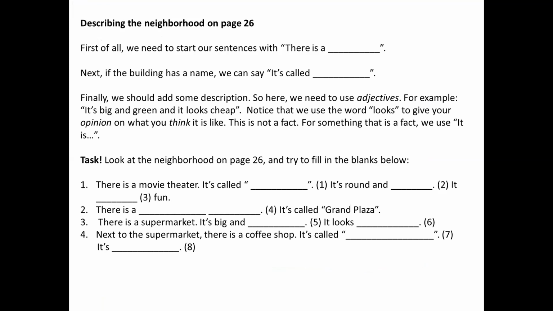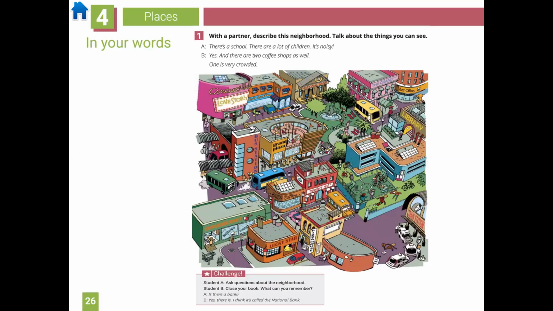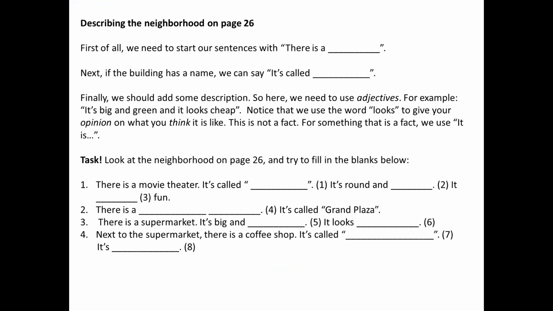So describing the neighborhood on page 26. That's page 26 here. So take a look in your books at this page. Take a good look. I'm going to teach you now how to describe buildings in the picture. So first of all, we need to start our sentences with there is a. Now this is just a general name for the building.